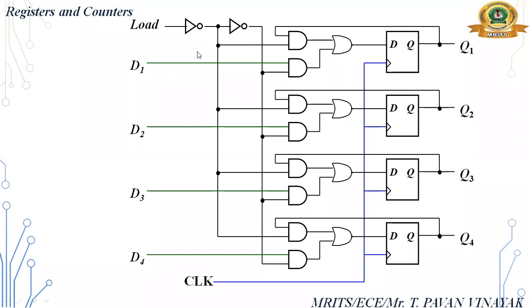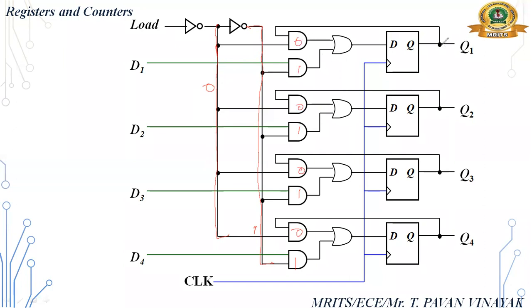So observe here. This is load bar, so this line is 0. This one is load, this line is 1. So this is 1, 0, 1, 0, 1, 0, 1, 0.